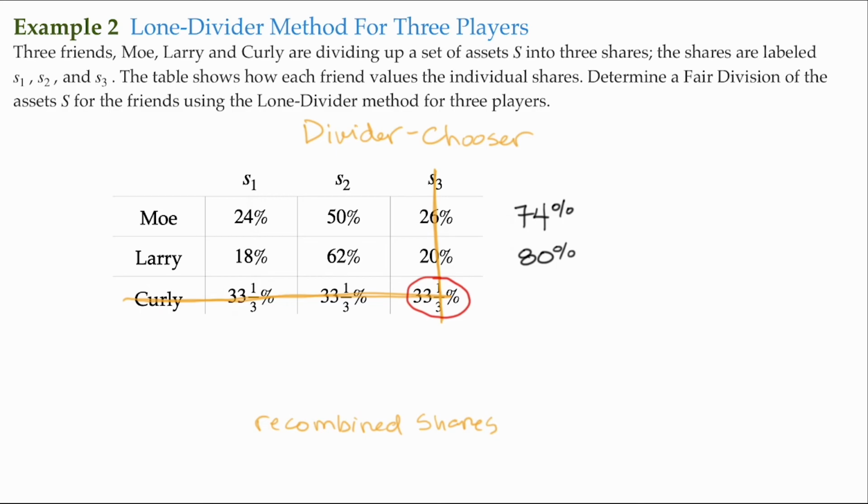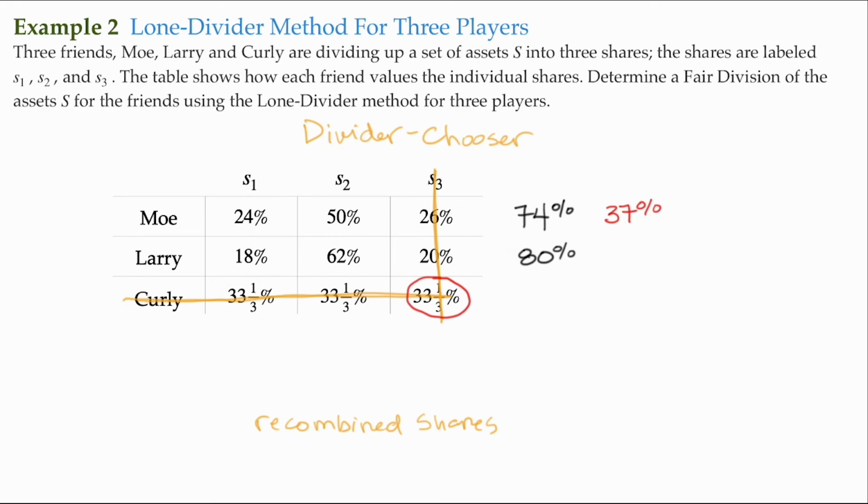We flip a coin. Mo winds up being the divider. He is guaranteed at least half of the recombined asset here. That's 37%. Larry, being the chooser, is guaranteed at least 37%.